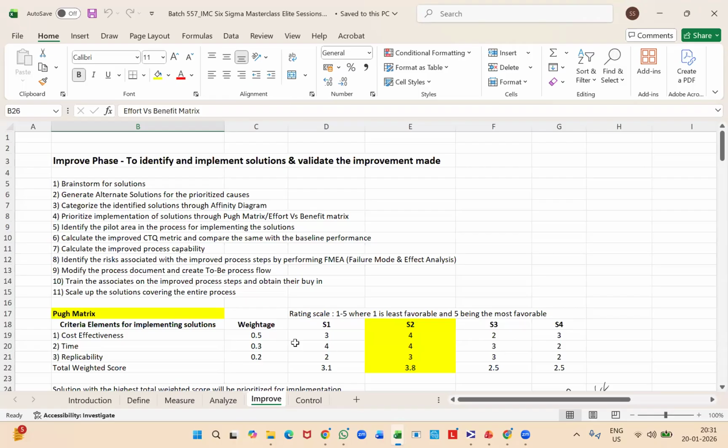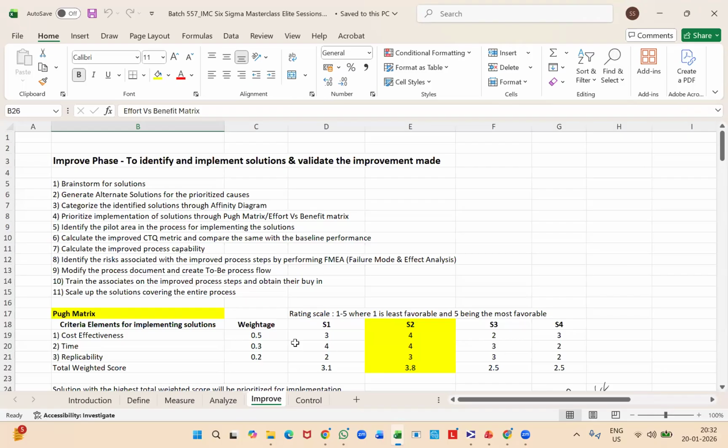And then we will categorize the solutions using the affinity diagram. And then we will prioritize implementation of solutions through the Pugh matrix or effort versus benefit matrix. And then we will identify a pilot area within the process where we would be implementing the solutions. And then we will calculate the improved CTQ metric performance. We will also validate whether we have attained the project goal as mentioned in the project charter. And then we will also validate the improvement made by performing relevant hypothesis tests.